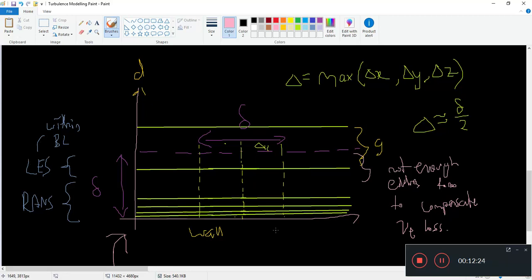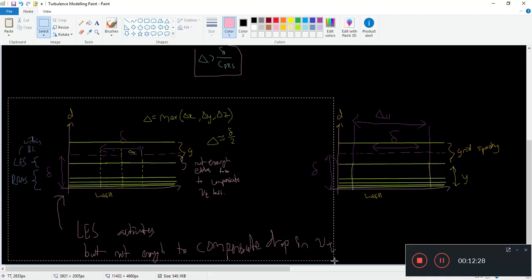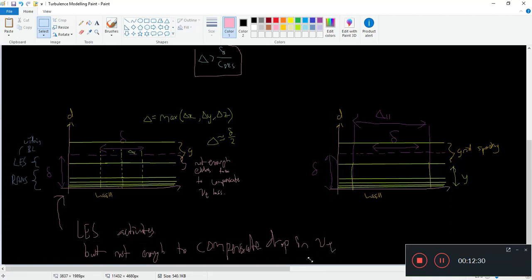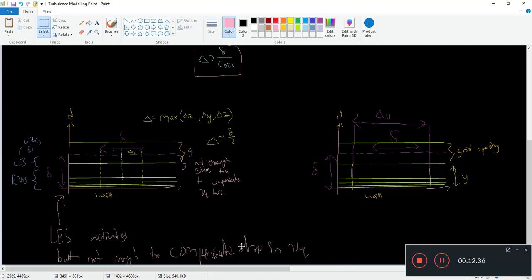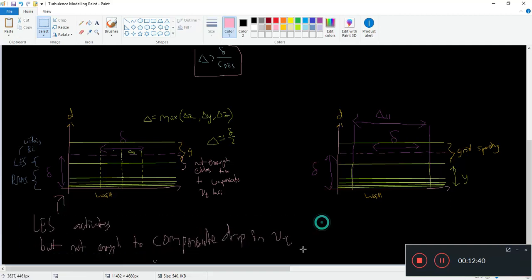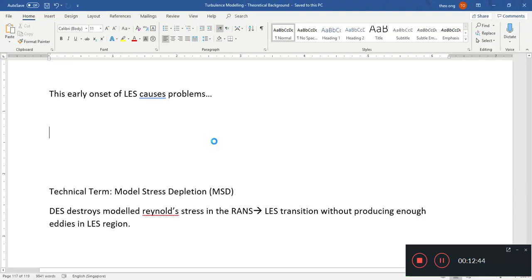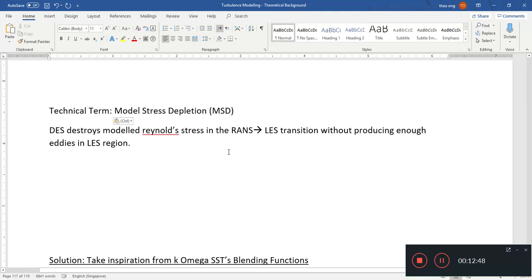There's a technical term for this phenomenon. Let me shift this here, and let me copy and paste this. So this technical term is called model stress depletion. Why is it called model stress depletion?